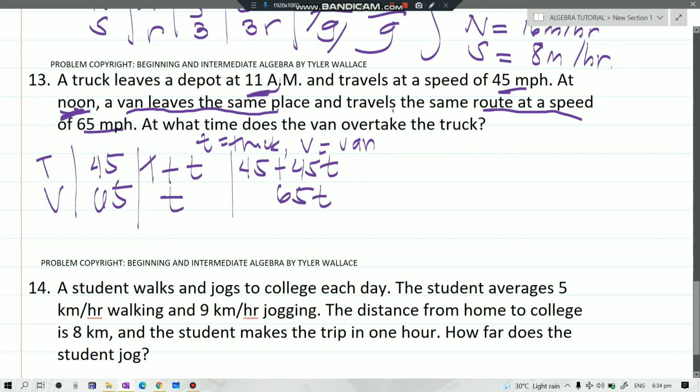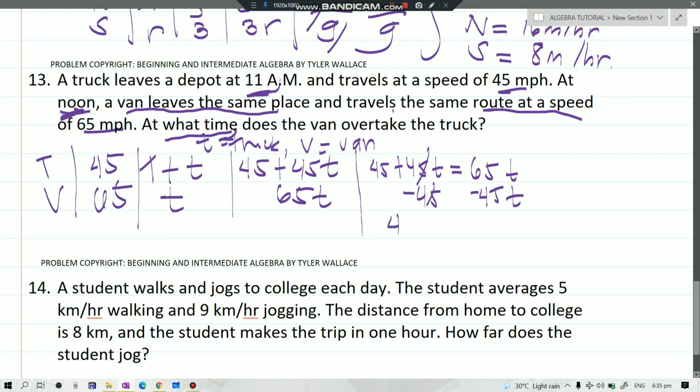So, simplified mo na yan. So, we have 45 plus 45T is equals to 65T. Since ang hinahanap is at what time? Dito naman time ang hinahanap. So, isolate natin si T, 45T.